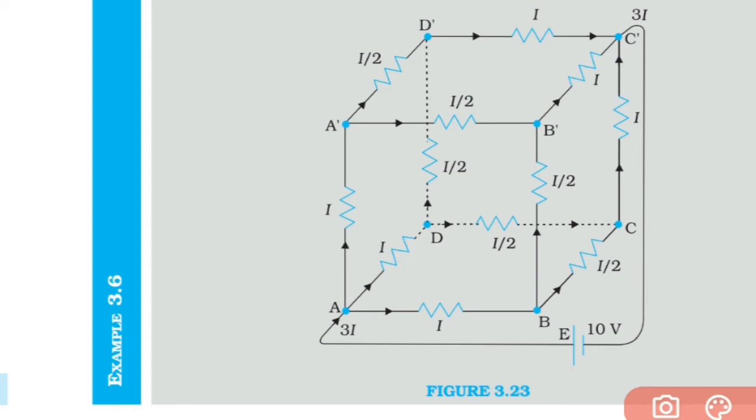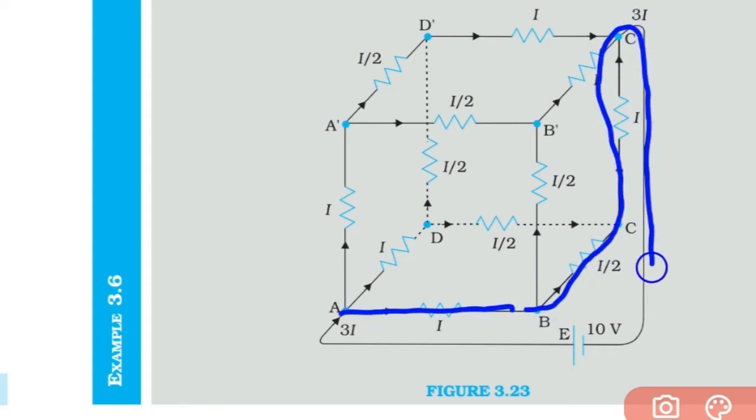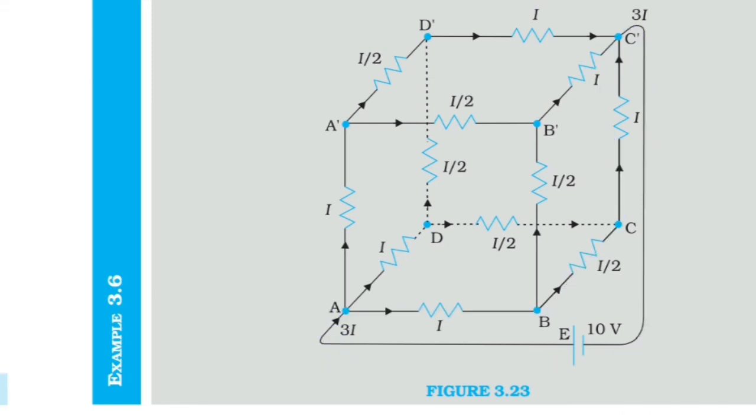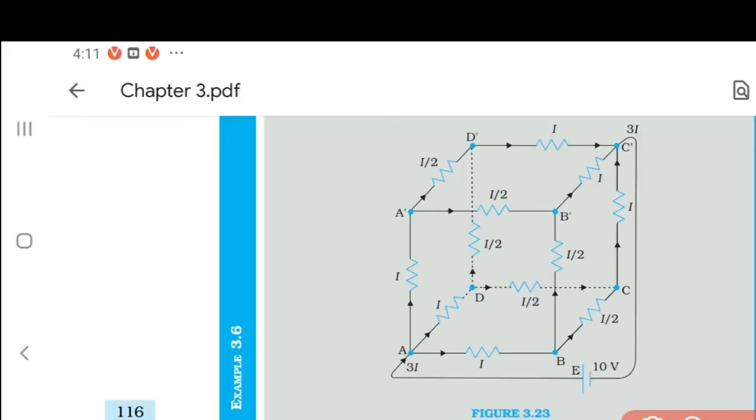The loop is A, B, C, C dash, E, A. This loop we are considering. And for that loop we will write Kirchhoff's voltage law, for that loop A, B, C, C dash, E, A.